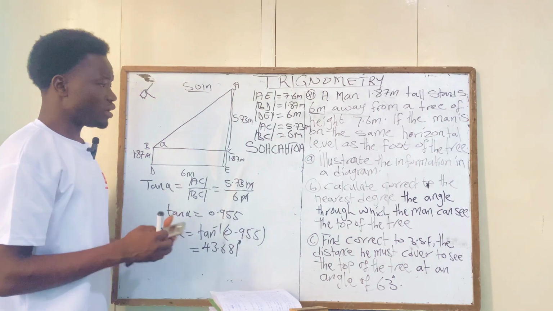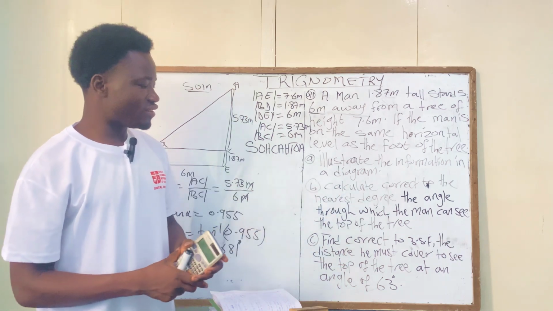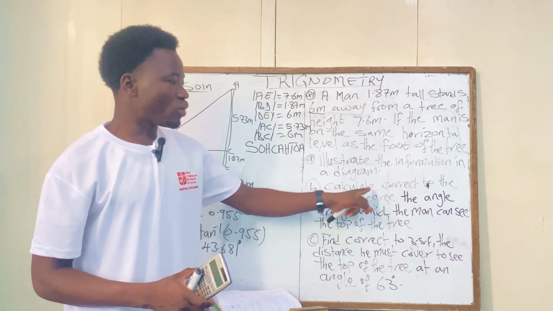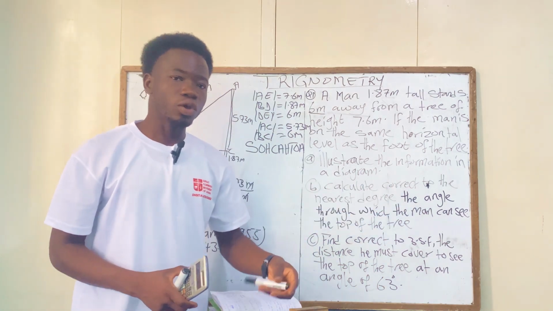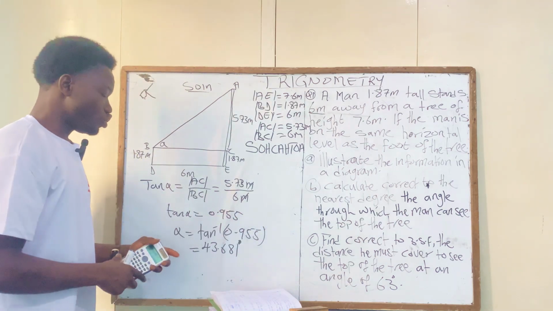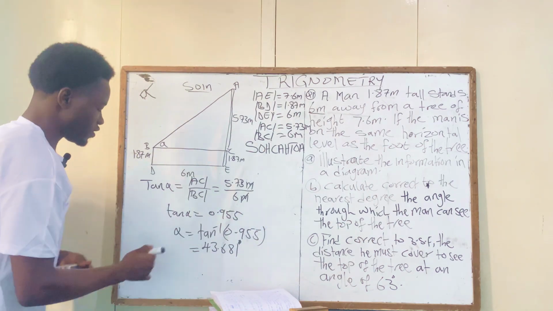The question says that we should calculate correct to the nearest degree. So once you are calculating to the nearest degree, you will have to break this down.